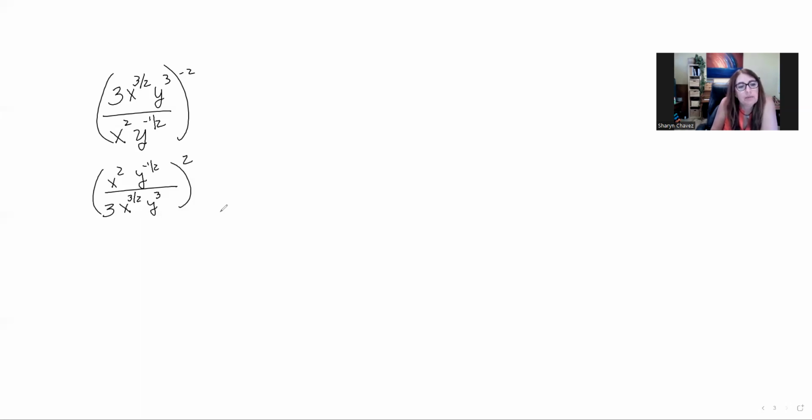So from here, again, we've got 2 ways we could do it. We could work what's in the fraction first, or we can go ahead and square everything first. And I think it's easier in this case to square everything first because it's going to get rid of these pesky fractions. So this is again power to a power, which means multiplying. -1/2 times 2.